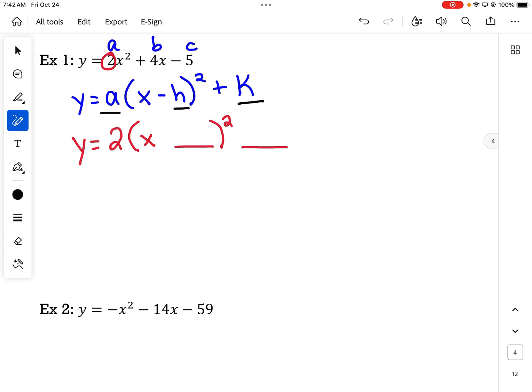So a is the same. And then the vertex is the h, k. So let's find the vertex by doing x equals negative b over 2a. So x equals negative b. Well, b is 4, but it becomes negative 4 over 2a, so 2 times 2.